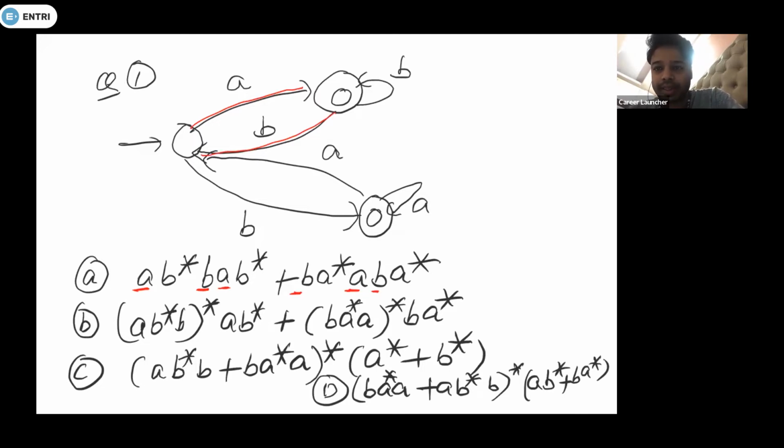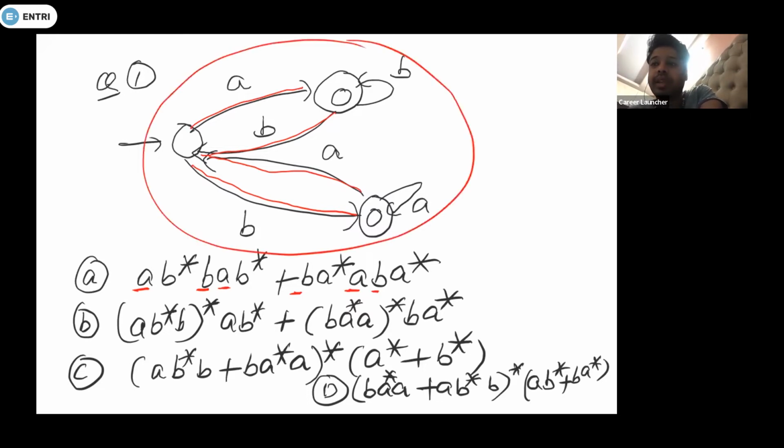But in this finite automata, the minimum string AB is accepted, but AB is not generated by option A, so it is wrong.